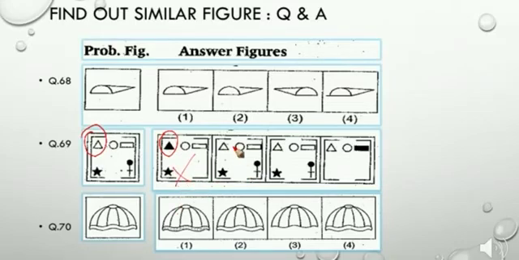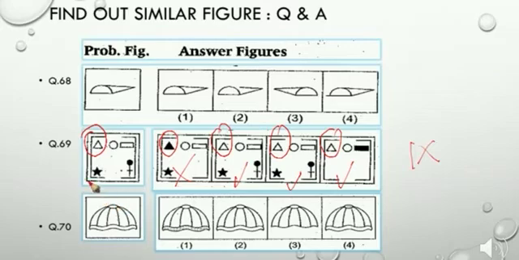In option 2 this portion is matching, so we can temporarily take it. In option 3 this portion is matching, so we accept this for the moment. In option 4 it is matching, so we take this also. So option 1 is ruled out in the first attempt.